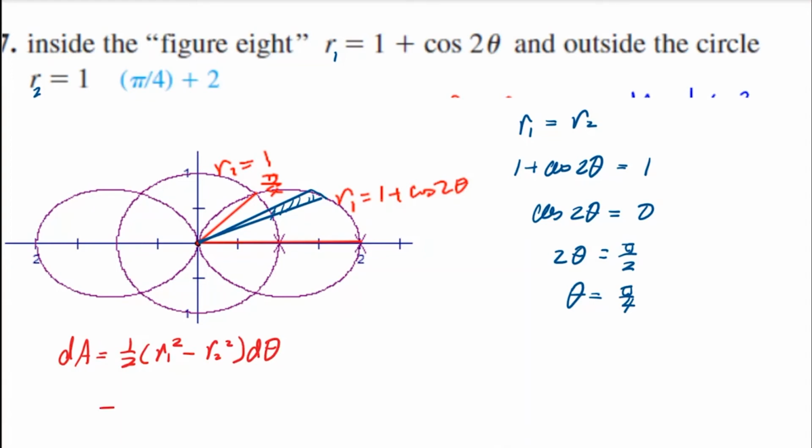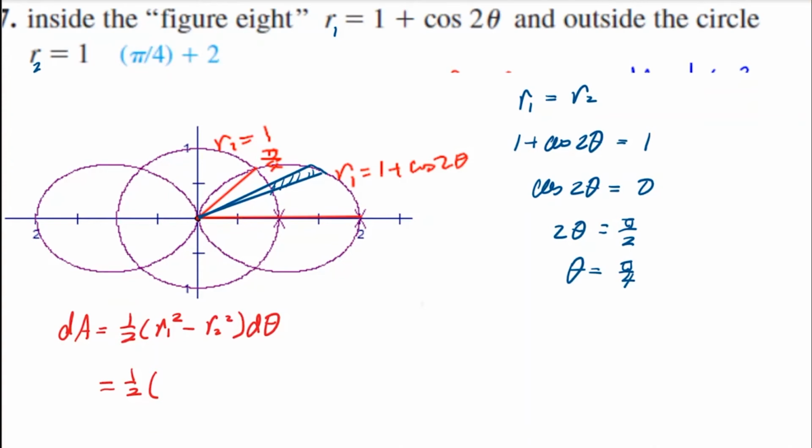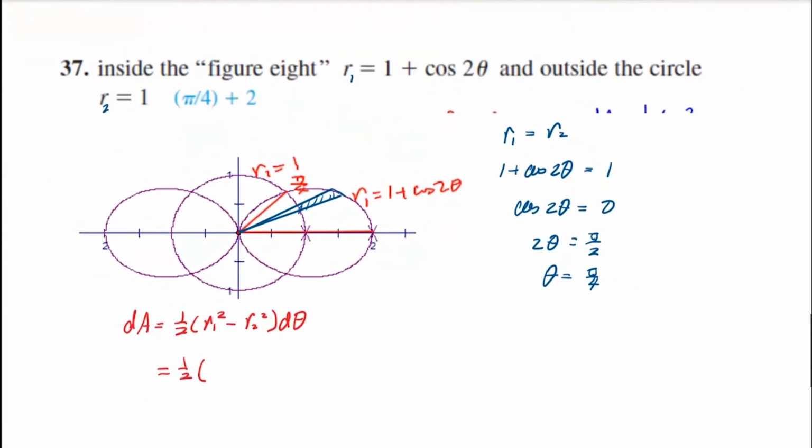So we have 1/2, and R1 squared is this, 1 plus cosine 2 theta, quantity squared, and then minus R2 squared, which is 1.